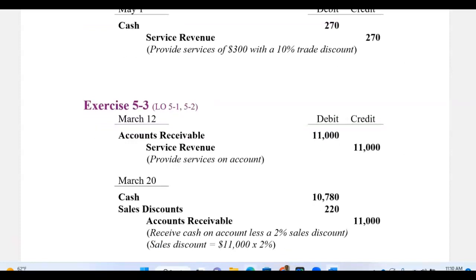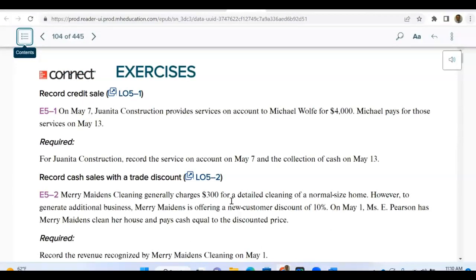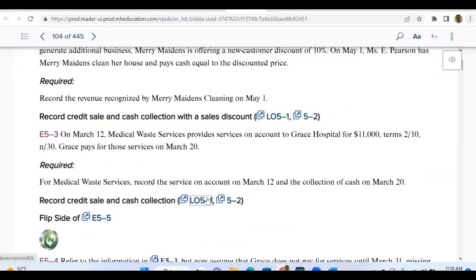Let's go to number 3. Again, that should be a homework problem, I believe. So number 3 says, on March 12th, the company provides services on account to a hospital for $11,000. So you have to recognize that. The terms of this sale are 2/10 net 30.